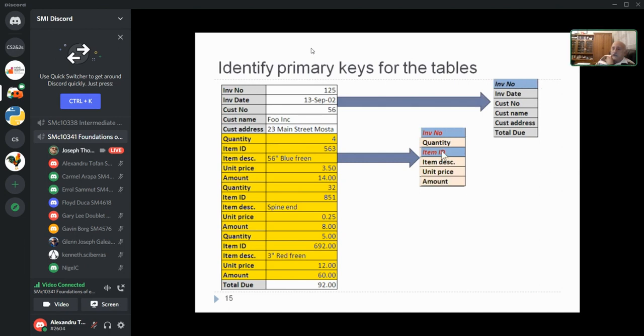Now, in this table here, invoice number is not going to be unique because here we have 3 lines that are going to have the same invoice number. So in order to create uniqueness, we add another attribute, item ID, because invoice number and item ID together are unique.